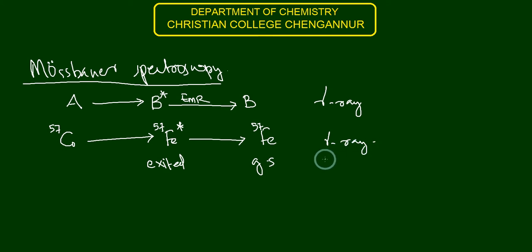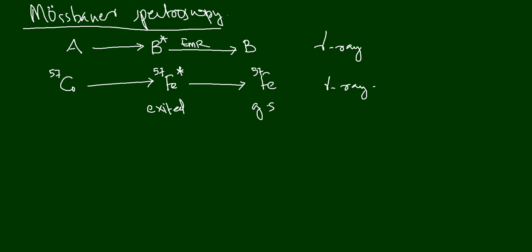Now the frequency of this gamma ray depends upon the energy difference between the Fe57 star and Fe57, the excited nucleus and the ground state nucleus. This energy difference is around 2.30 into 10 raised to minus 15 joules.